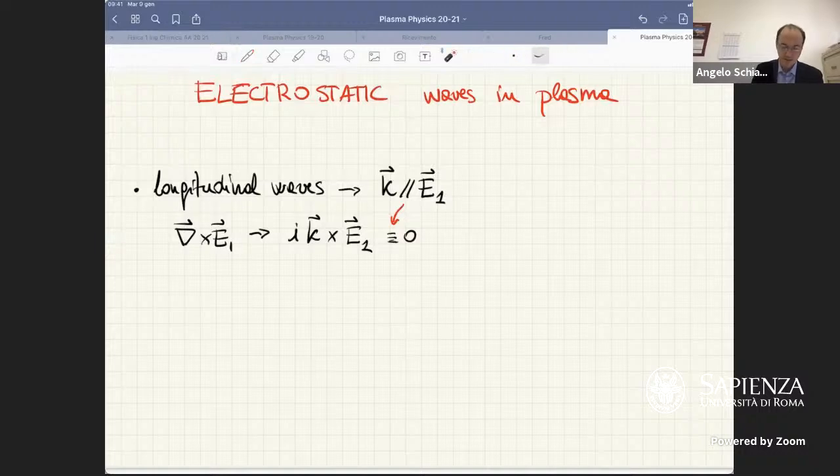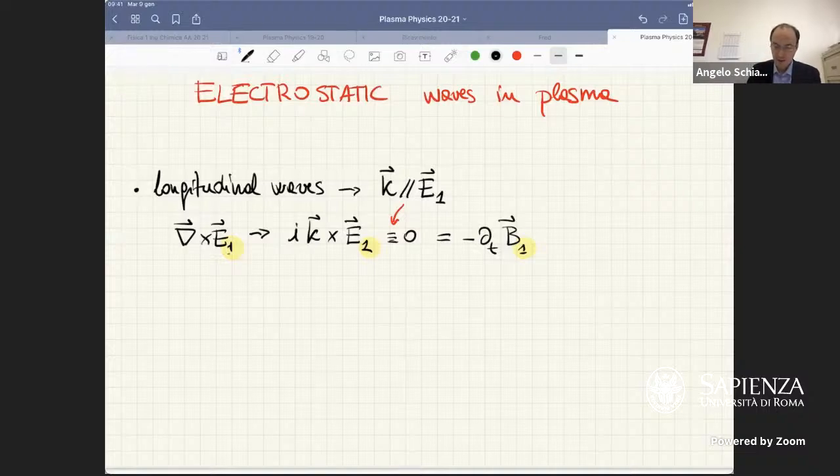But if you remember, the curl of E, using Faraday's law, equals minus the time derivative of B. And pay attention to the fact that I'm using the index 1, reminding us that we are working with the small perturbation to the electric and magnetic fields, E1, B1.